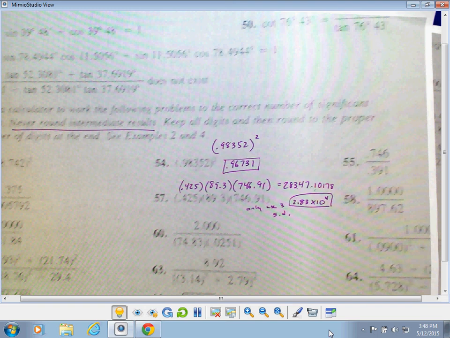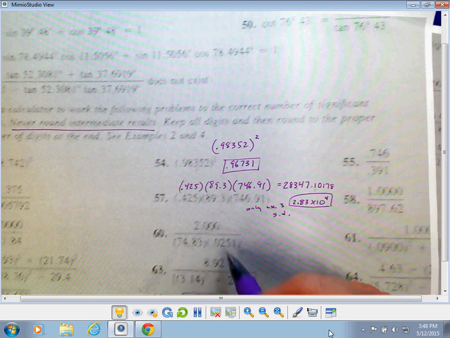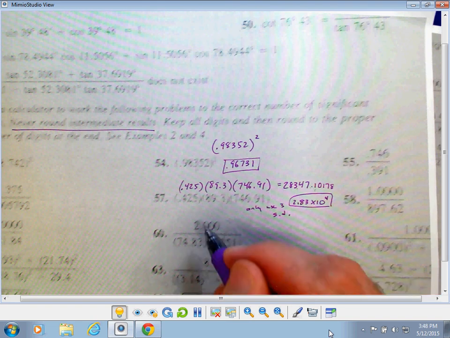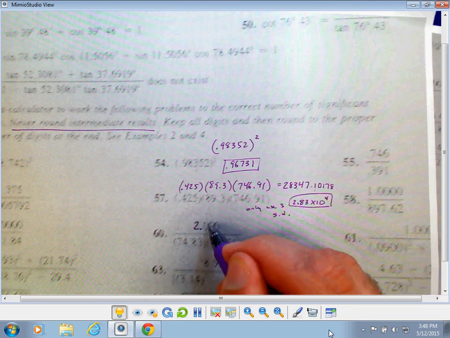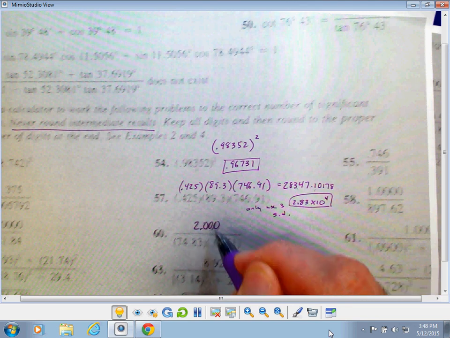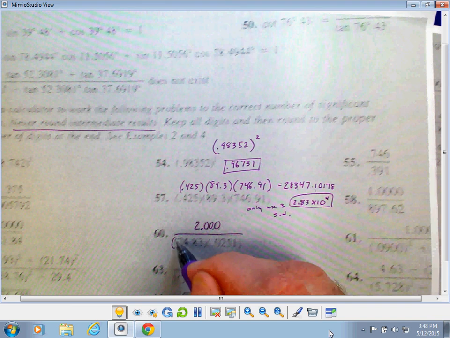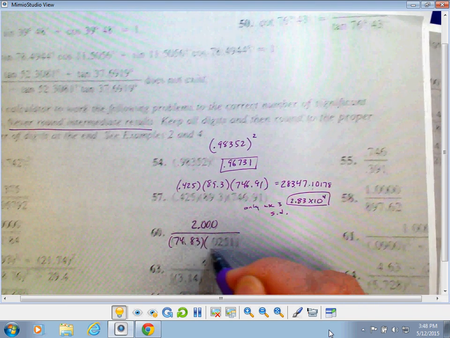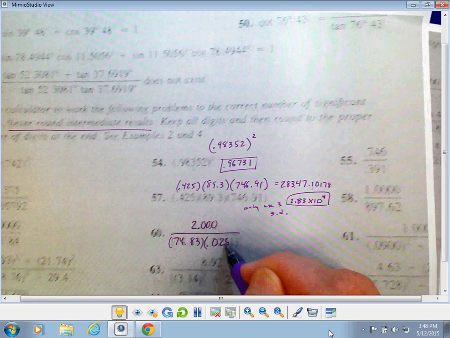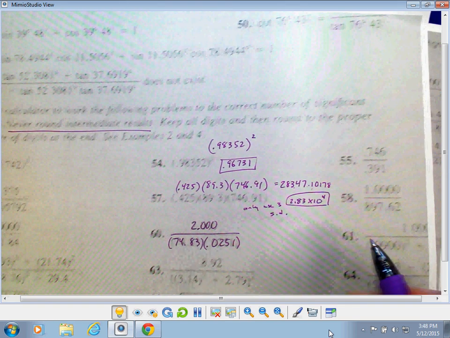So like I look at number 60 and I can't tell if it says 2000 or 2.00. I'm going to go with 2.00 for now. And this is all divided by 74.83 times 0.0251. So I look through and I'm looking for significant digits.